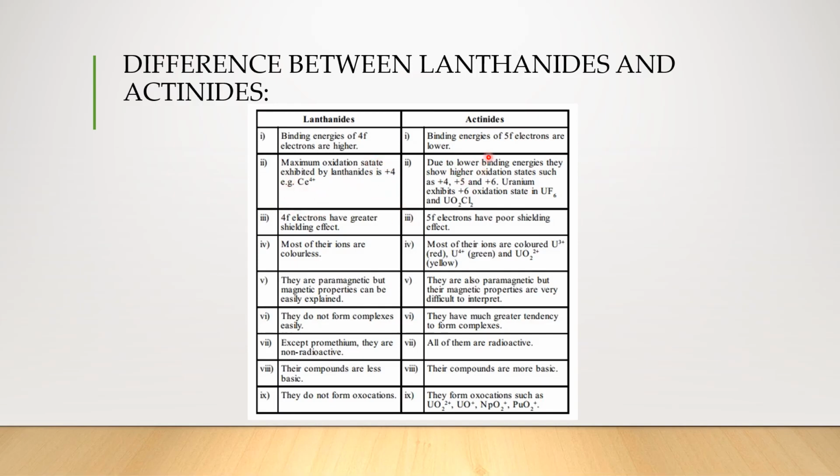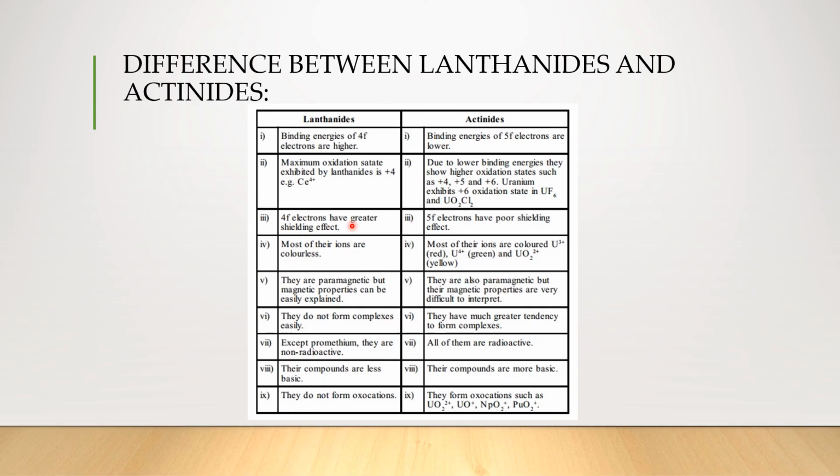As we already discussed, the binding energies of 5f electrons are lower, so due to lower binding energy, they show higher oxidation states such as +4, +5 and +6. Uranium exhibits the +6 oxidation state in UF6 and UO2Cl2.